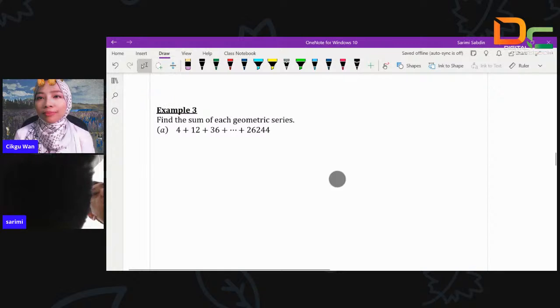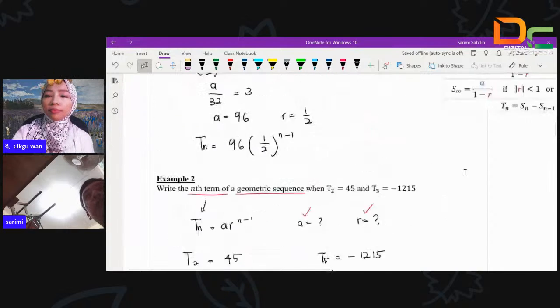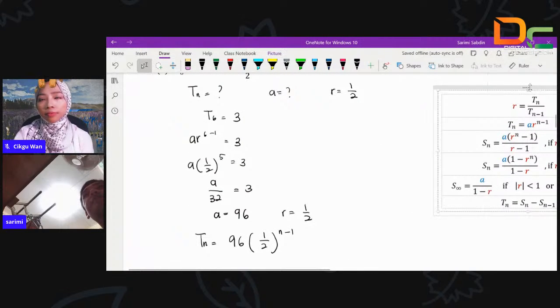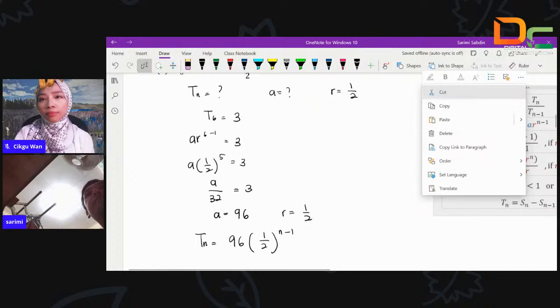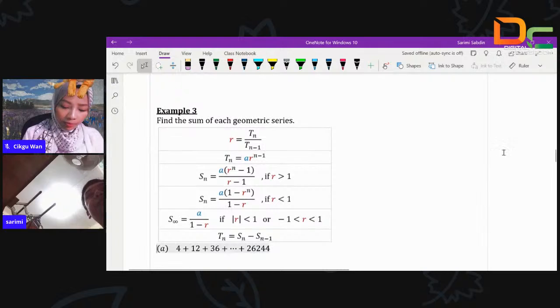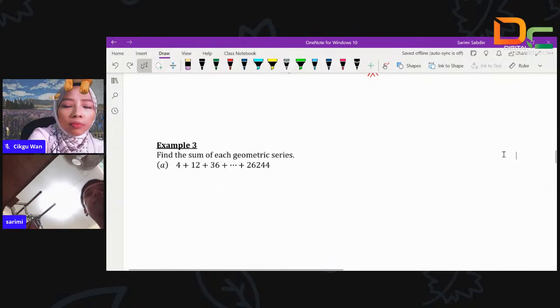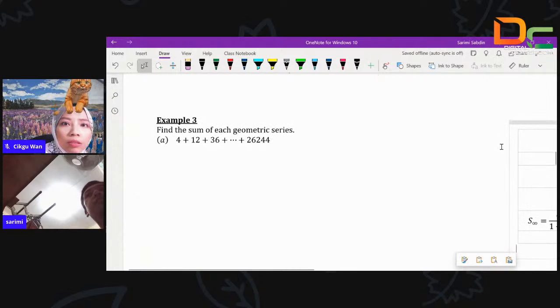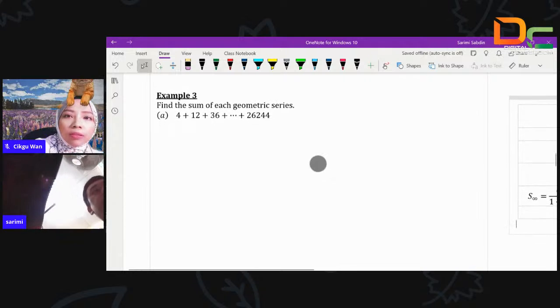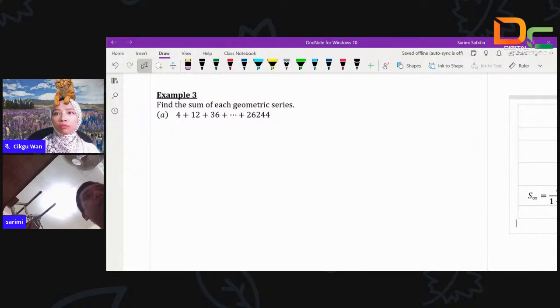Now we're going to use the formula for the summation of the first n terms, which is Sn. You have to bring down the formula from before. The third example: find the sum of each geometric series.